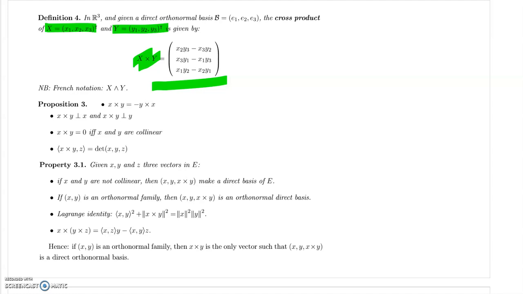The result of the cross product between x and y is something that is orthogonal to x and orthogonal to y. And x, y, x cross y make a direct basis of E. So I assume that you know how to work with that. Otherwise, please revise this part.